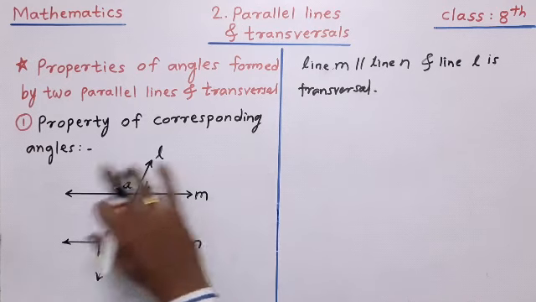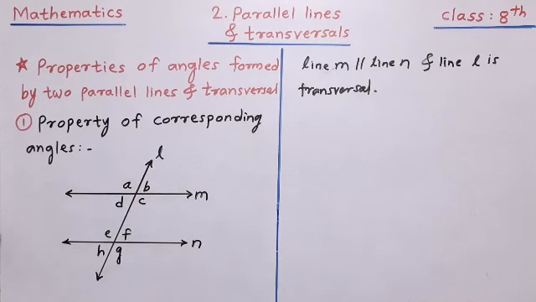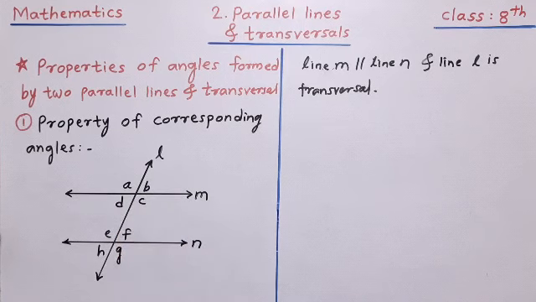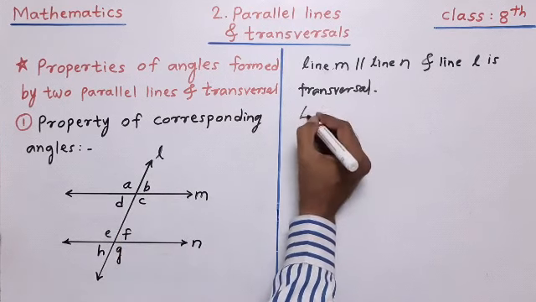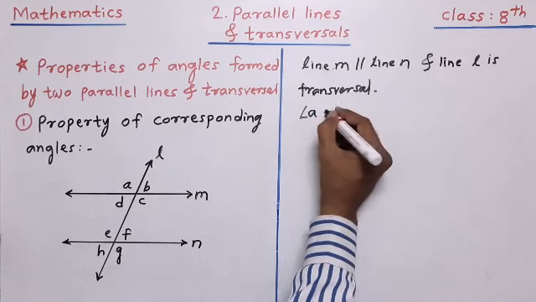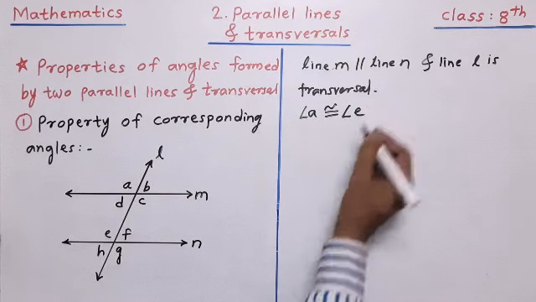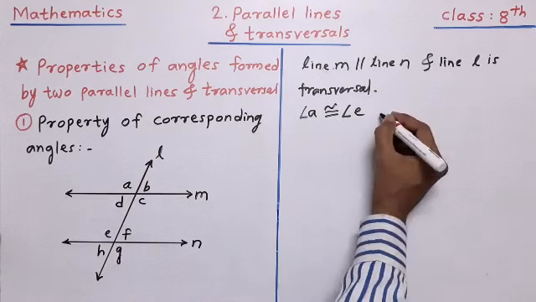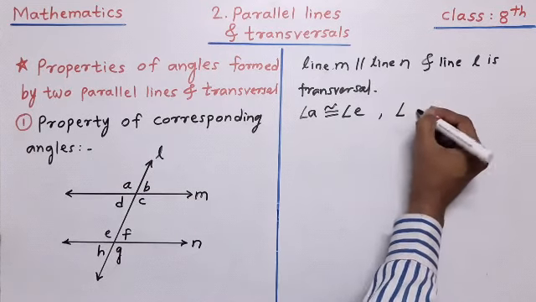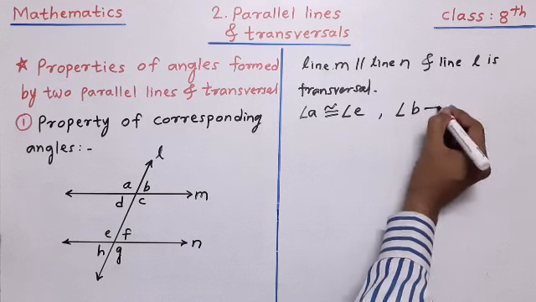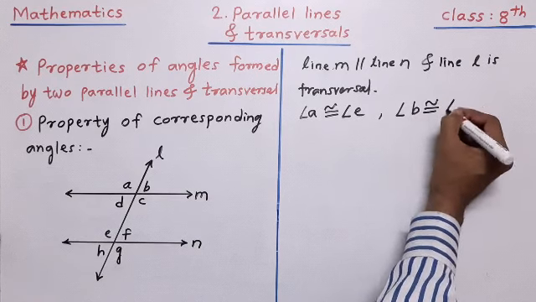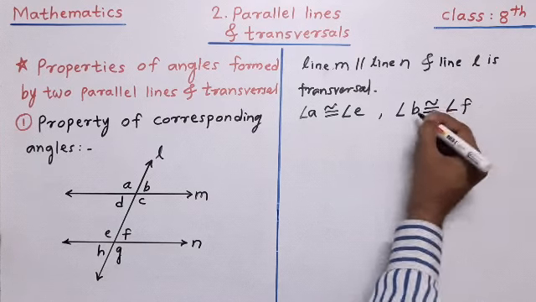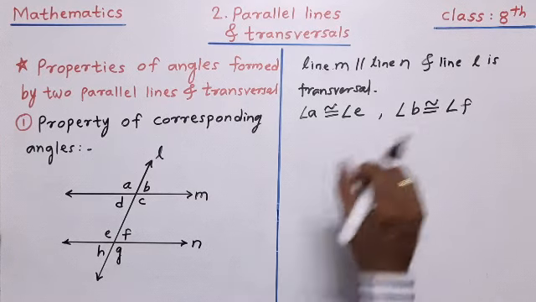So according to the property, the corresponding angles will be congruent to each other. Means here we can write angle A is congruent to angle E, which is the first pair of corresponding angles. The second pair, angle B, is congruent to angle F, which is the corresponding angle of angle B. Both will be congruent.